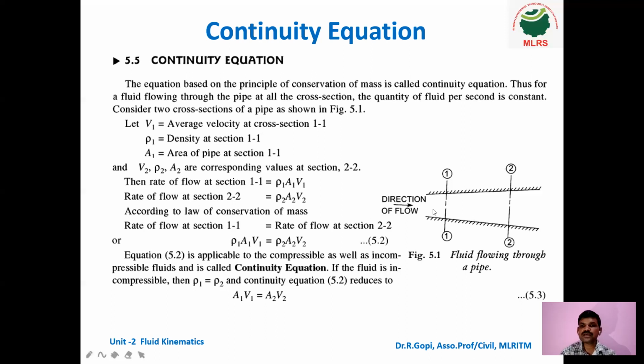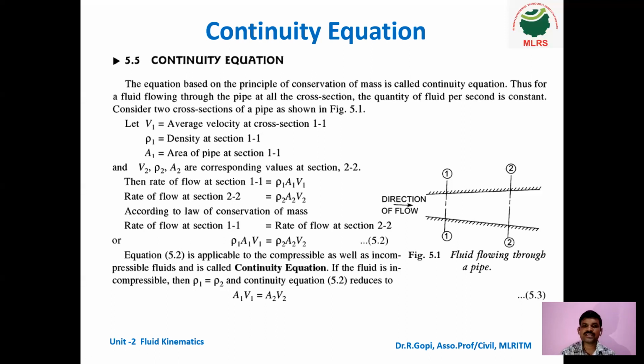If the same liquid is flowing, take water, we know that the density of water is 1000, so rho 1 equals rho 2. Whether it is section 1, section 2 or section 3, the density is the same. So rho 1 and rho 2 get cancelled.